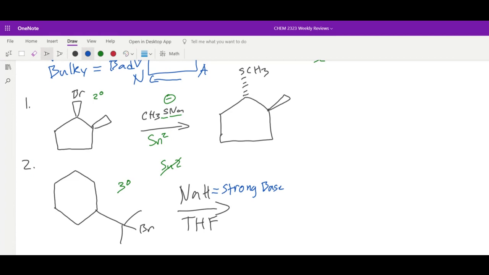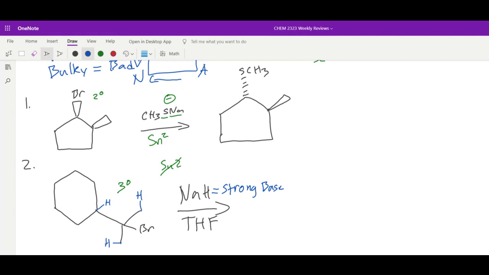E2 will do elimination. It will form a double bond. We have to look for anticoplanar. However, in the case where we have a line, we can assume that this line is essentially opposite of that bromine. And the reason why I look at that hydrogen and not any of these, okay, so these are my options. I have 3 hydrogens bonded to carbon that's bonded to the carbon that has a leaving group.